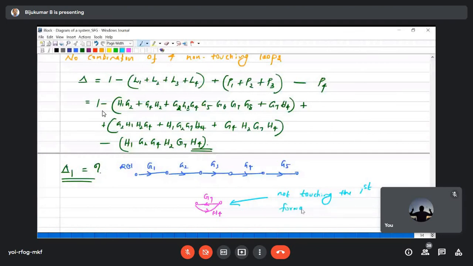Right. So we have to find delta for this portion.